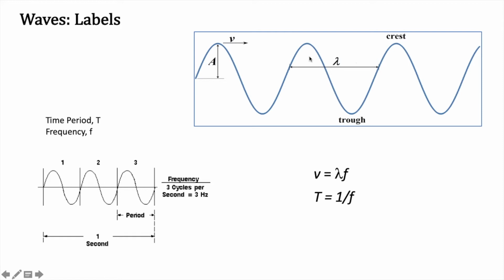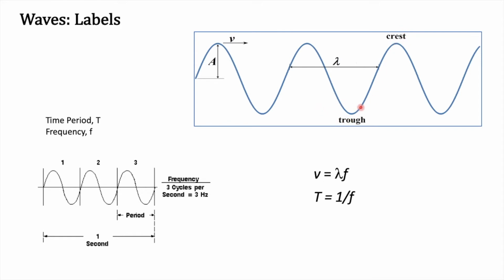We can measure this wavelength from crest to crest, or trough to trough, or from any other point, as long as it's one complete cycle. The mountains, the peak side, are called crests, and the valleys are the troughs.